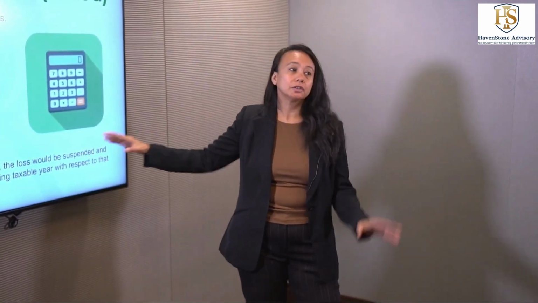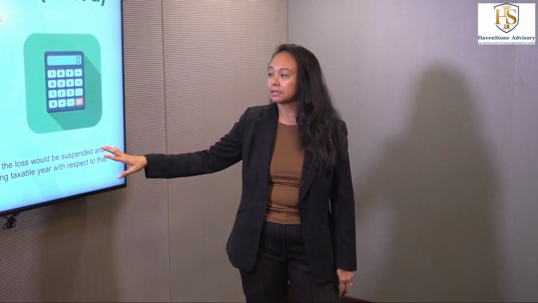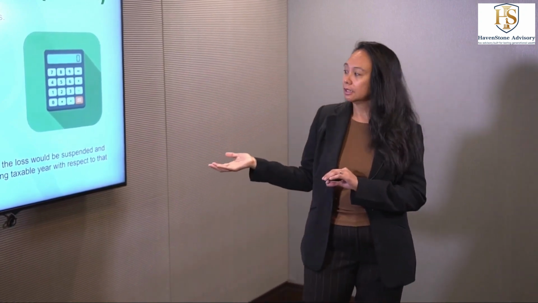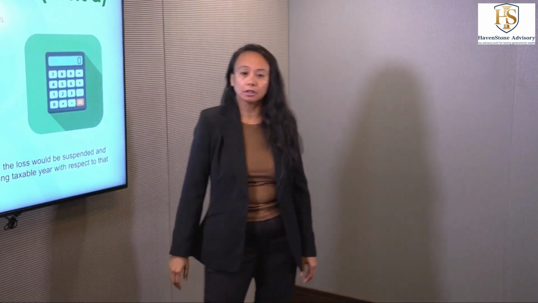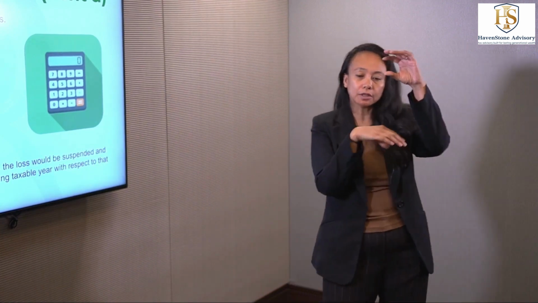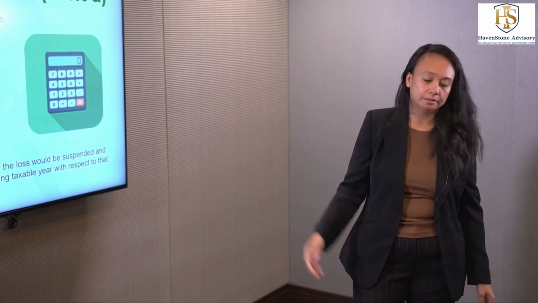The IRS just says you can't take it in this tax year. We track it with the basis, the 7203, and it's suspended. Then in the following tax year, if you have a good year and you made $2,000, you can take the loss. So $2,000 minus $2,000, in essence you don't have to pay tax on anything the following tax year.